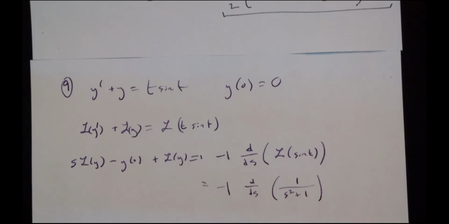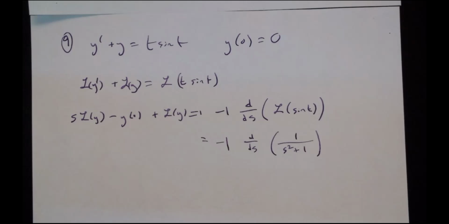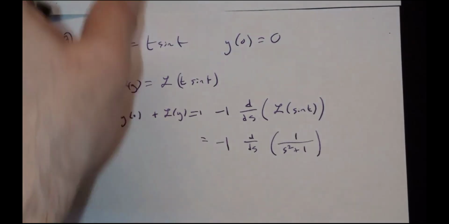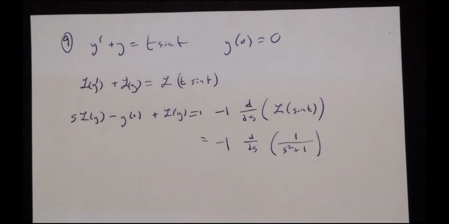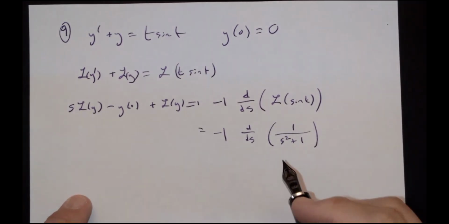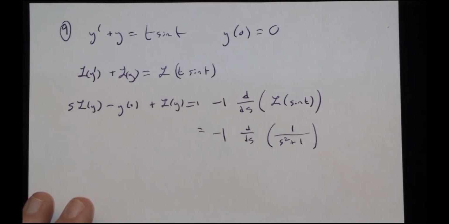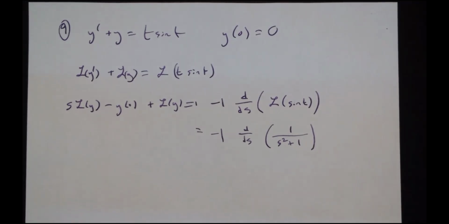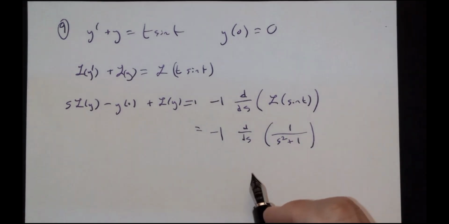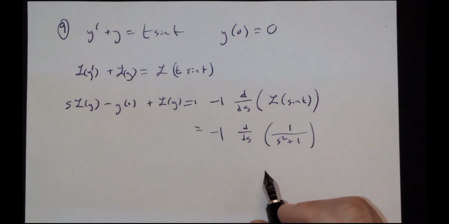So what's the derivative of that? You're going the wrong way. I want the derivative. That's what I did. -1, so the s squared plus 1 to the -2 times 2s.